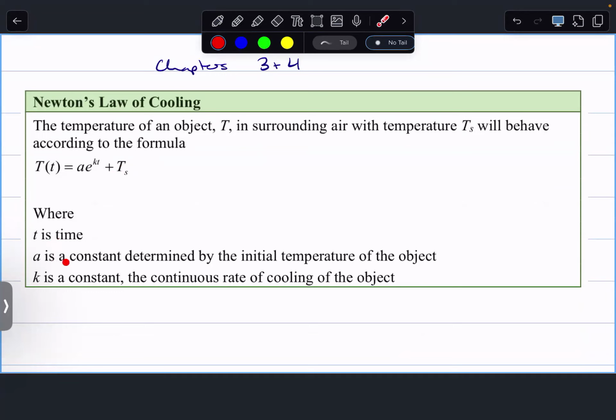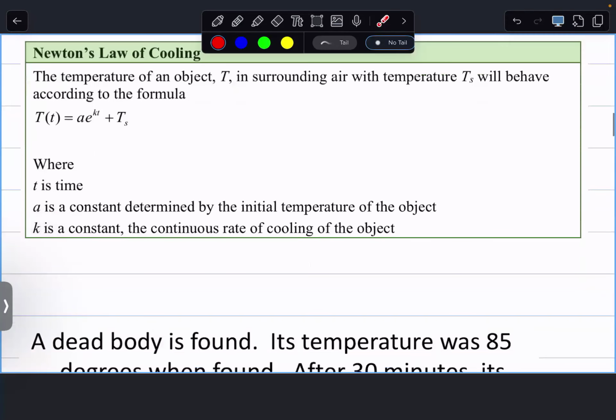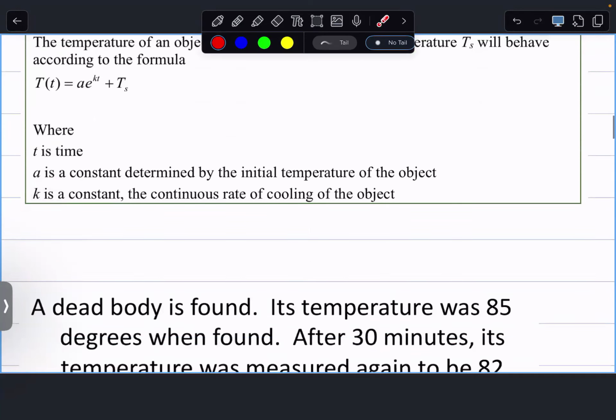A is a constant, which is determined by the initial temperature of the object, but it is not the initial temperature of the object, right? We need to do a little bit of work to find the initial, or we're given the initial temperature, but then we need to find A, right? A little bit different from before. And k is a constant, which is the continuous rate of cooling of the object.